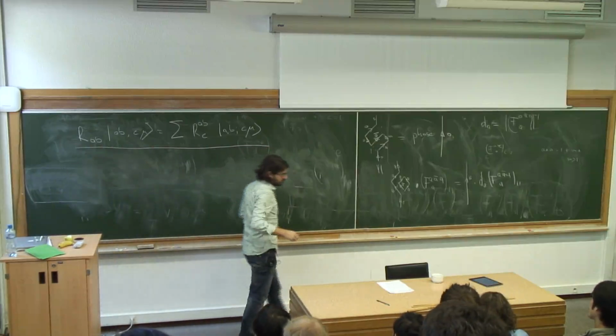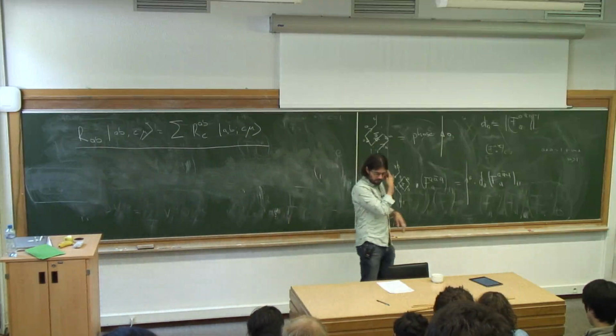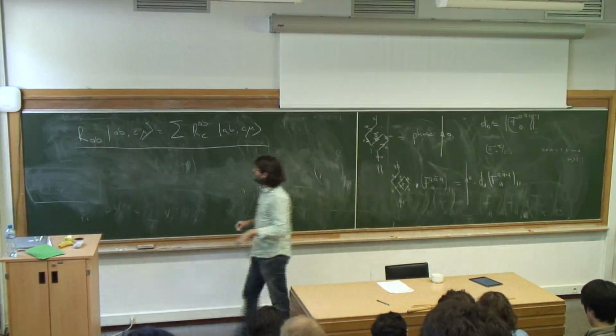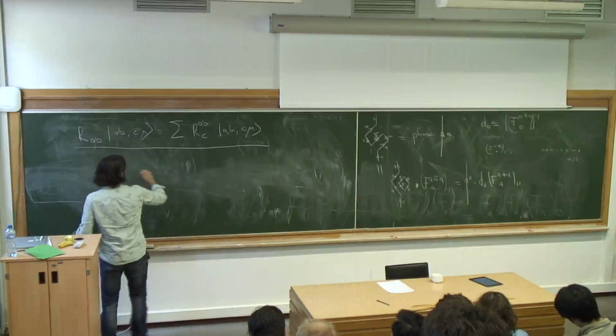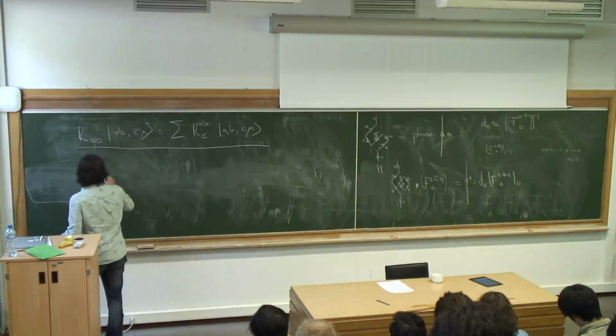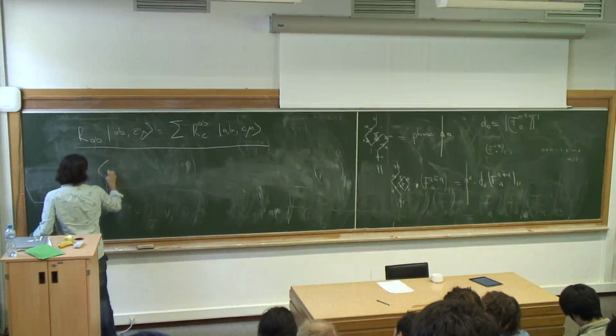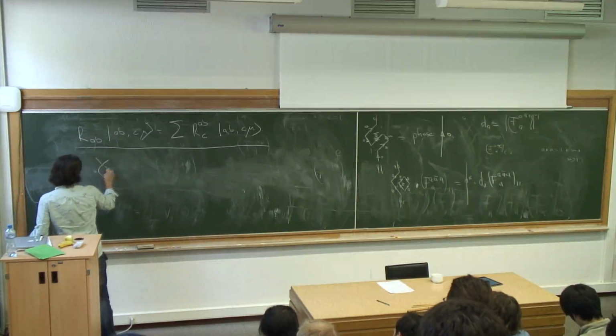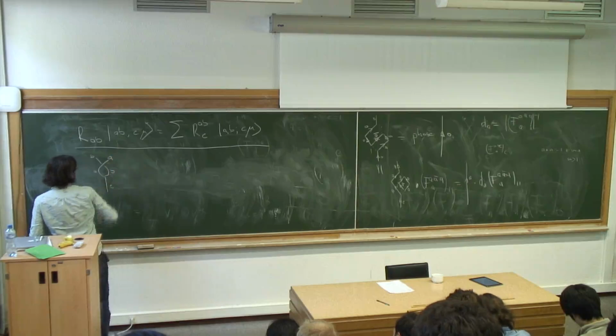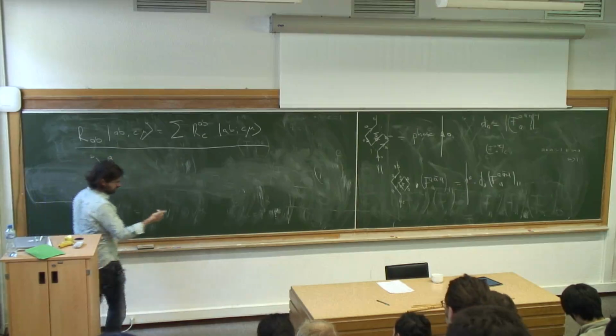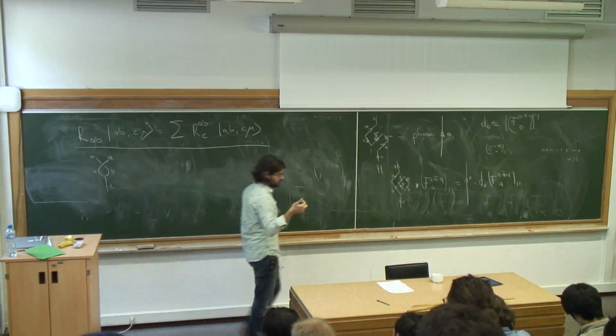Okay, so what I'm going to do is I'm going to start with, so this is something that does this. I start with particle C, and I just exchange. So this is just exchange.